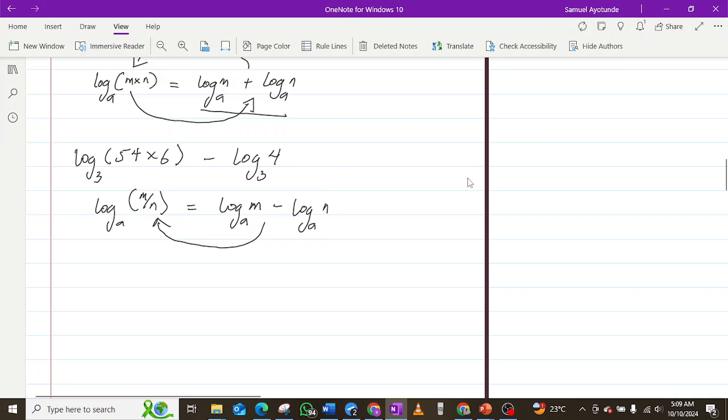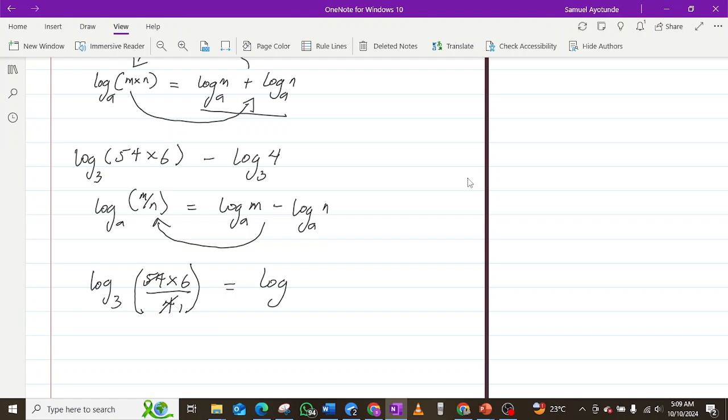Now we will do that. It will become log base 3, since they have the same base, 54 times 6 all over 4. So we will evaluate what's in the brackets with calculator. As we know, 4 can divide 54.